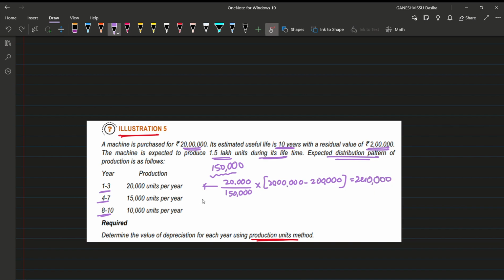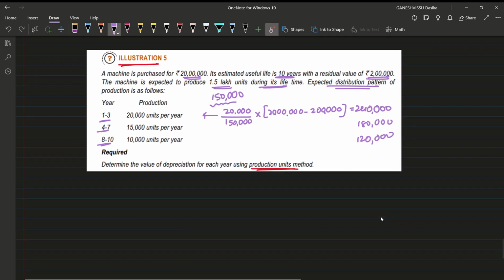For the next one, simply divide by 20,000 and multiply with 15,000, which is 1,80,000, and divide by 15,000 and multiply with 10,000, which is 1,20,000.